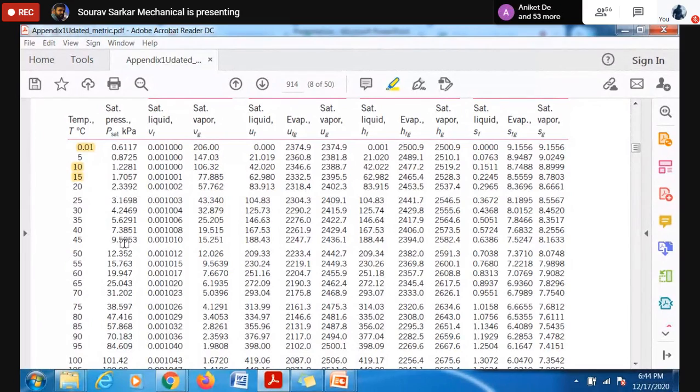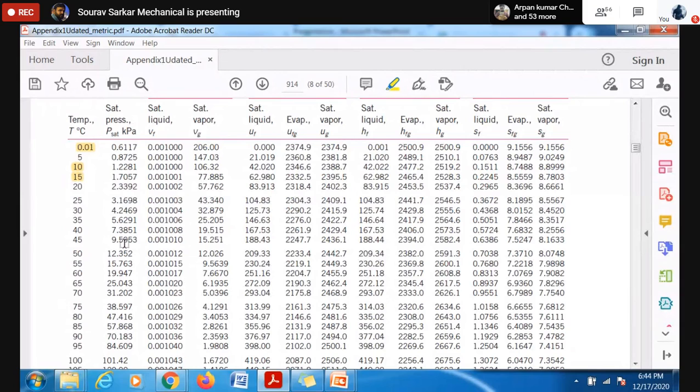Whenever you say my water is boiling at 100 degrees Celsius, this directly ensures that the pressure must be 1 bar. Do you get my point? So the pressure may be 1 atmospheric pressure. Whenever you fix a temperature in a phase change process, the pressure is already fixed.